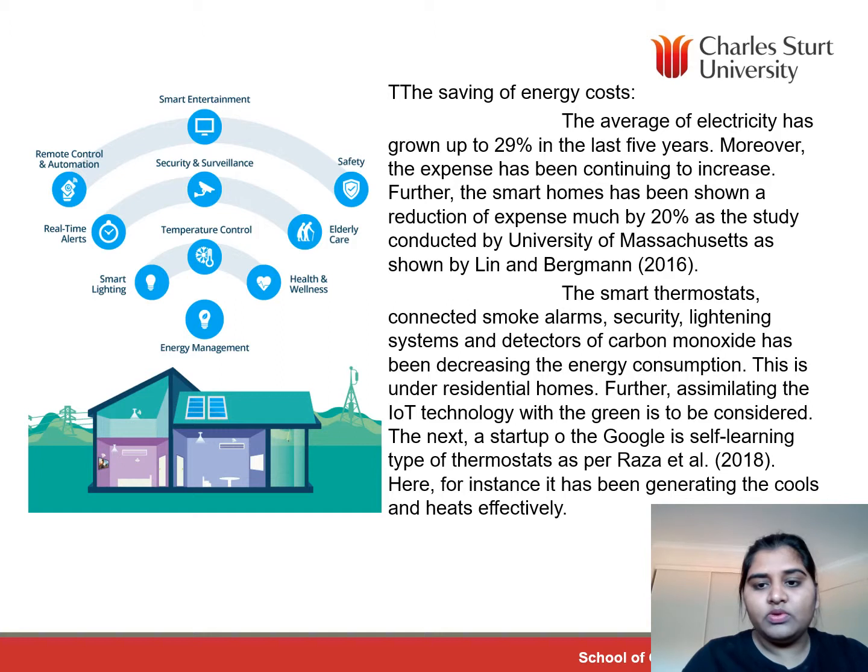In 2016, according to Lin and Bergaman, smart homes have shown an expense reduction of 20%, as in the study conducted by the University of Massachusetts. Smart thermostats, connected smoke alarms, security lighting systems, and carbon monoxide detectors have been decreasing energy consumption.